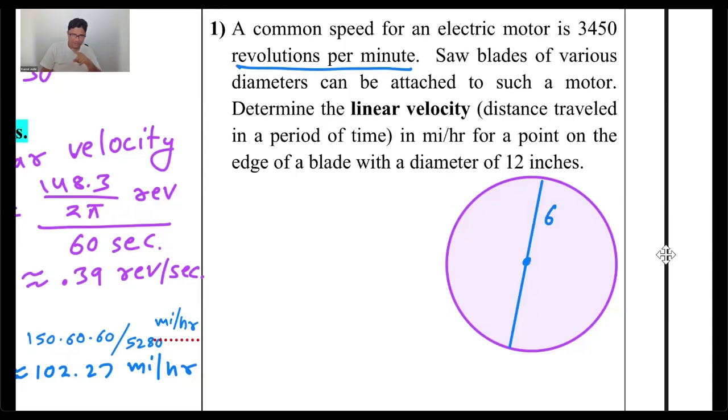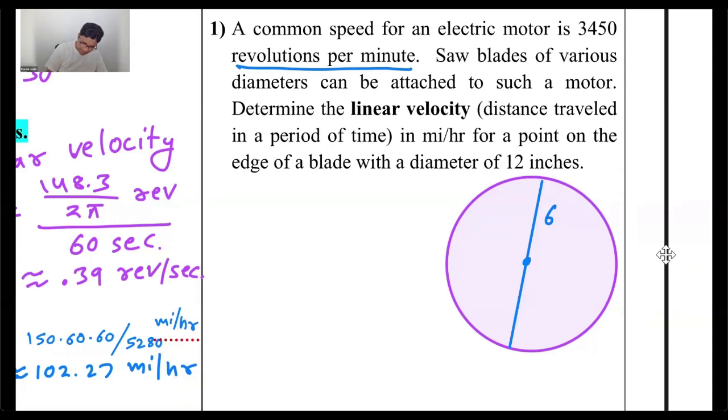I just want to make sure that we are interpreting that concept correctly. Saw blades of different diameters can be attached. Saw blades are discs. So the diameter is 12 inches, which means the radius is 6 inches. And that blade is attached to this motor, and the motor is spinning at 3450.